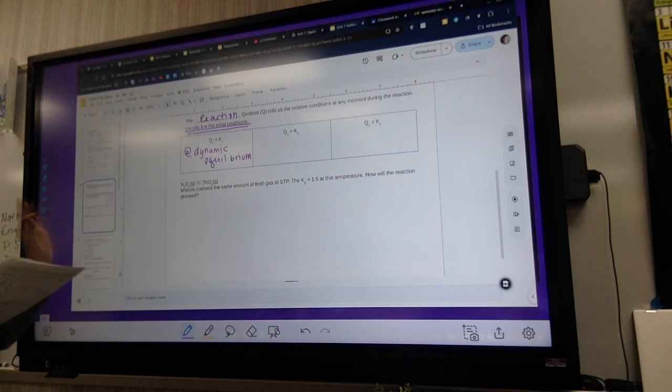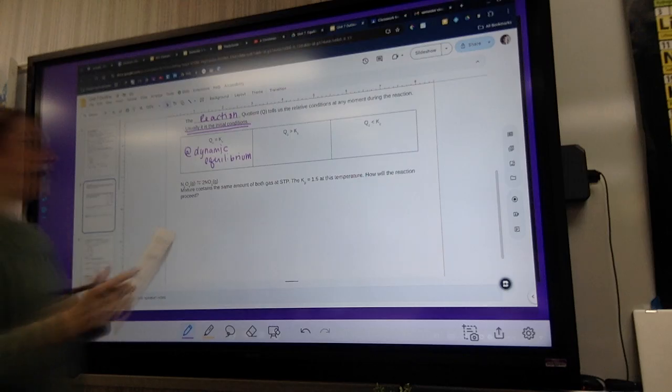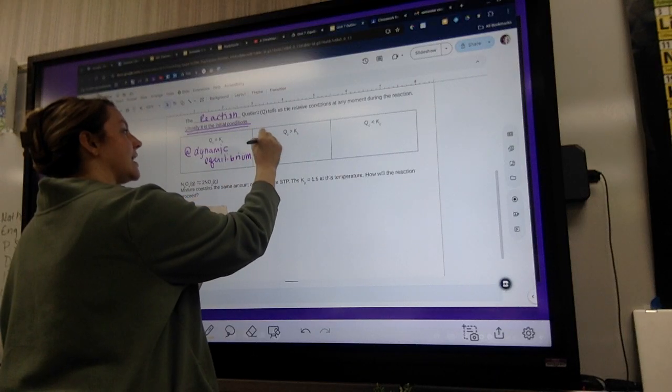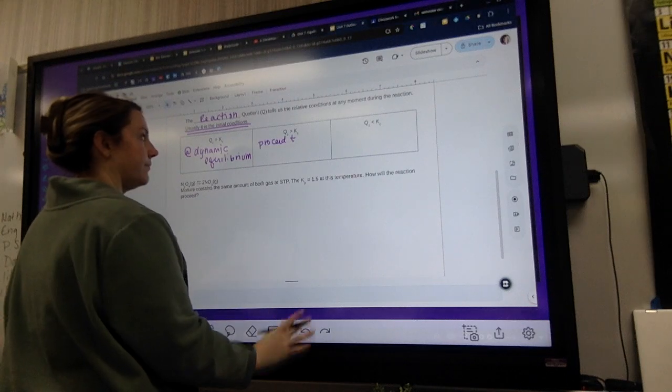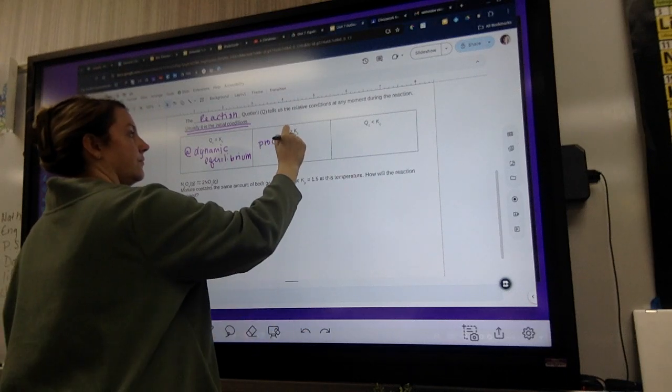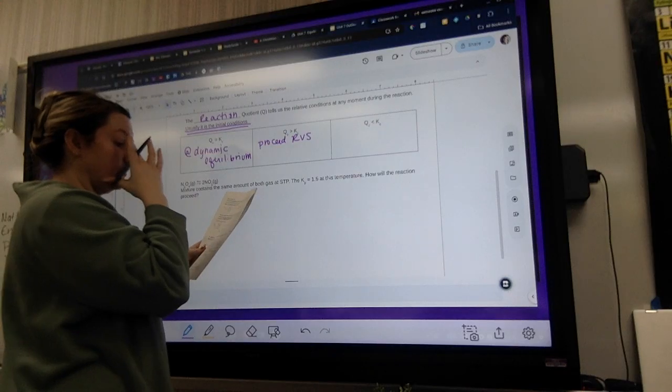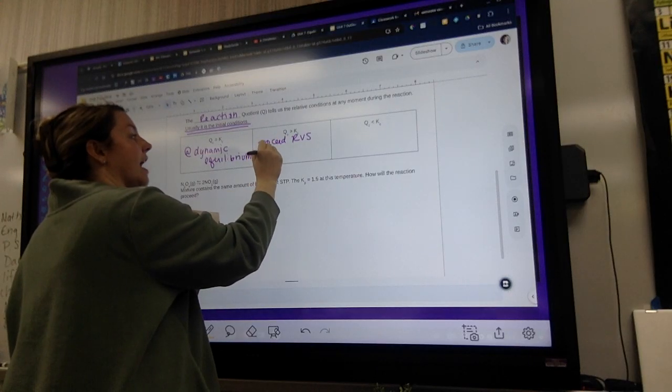Okay? If Q is greater than K, it's going to proceed reverse, meaning that more reactants are going to be made.